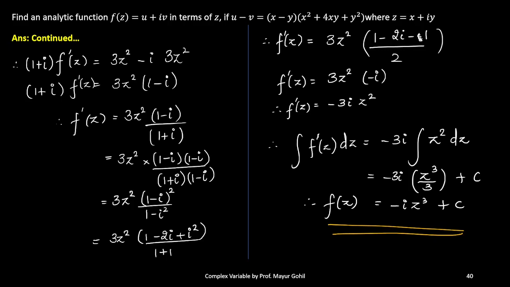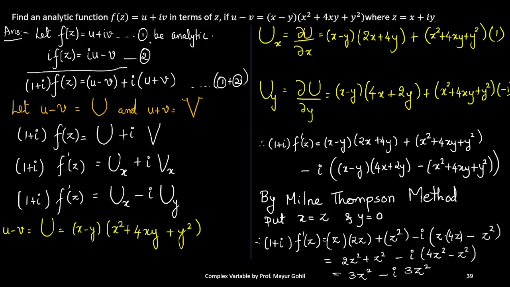So here, in the procedure, the starting steps are very important, which you can see, I'll mark them in red. These are very standard steps that you will need to remember throughout. The first 6 steps are very standard, and you have to fix them in every answer of this type that you are going to attempt. And once you are done with that, you calculate u_y/u_x and follow the Milne-Thomson method, and you get your answer.